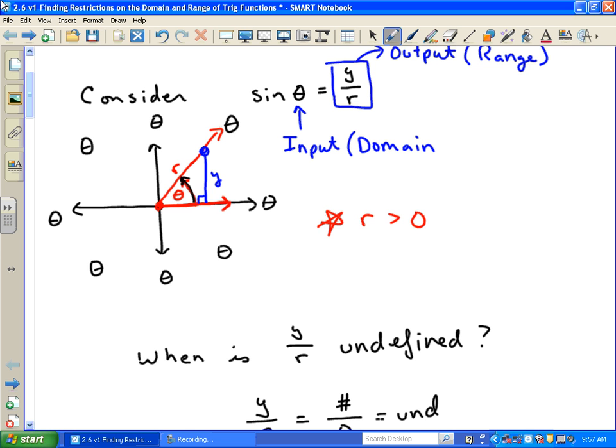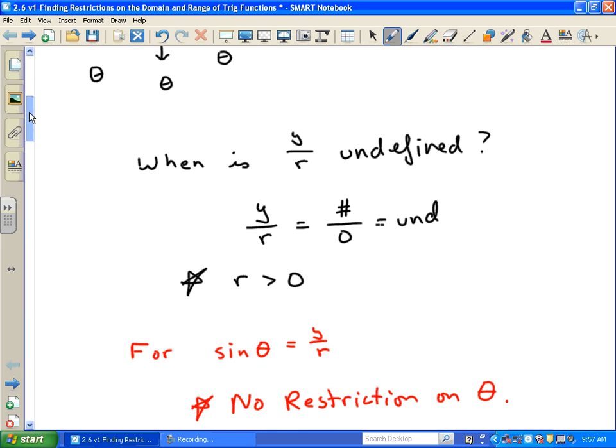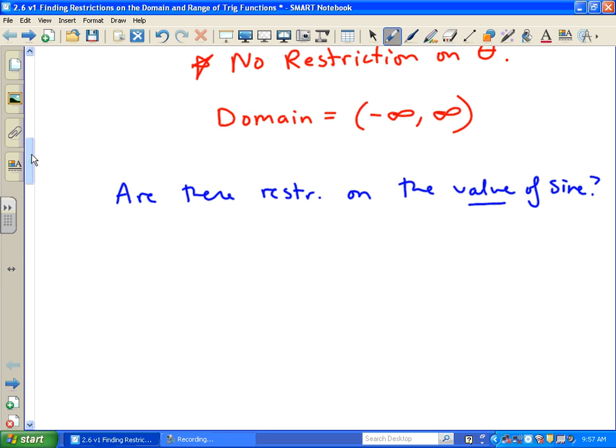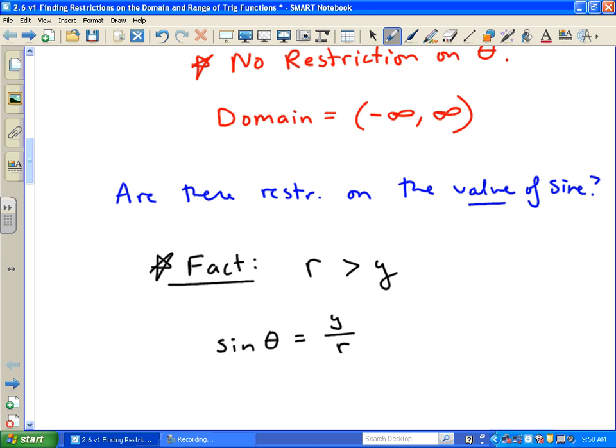So that's what I'm going to write down below: a fact about right triangles and the relationship between the sides. Because this thing is a right triangle, I know that r is always going to be greater than y. Now, that being the case, think about how sine is defined. Sine of theta is equal to y over r.